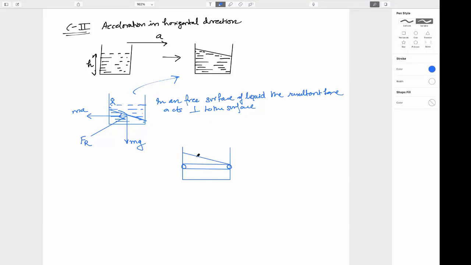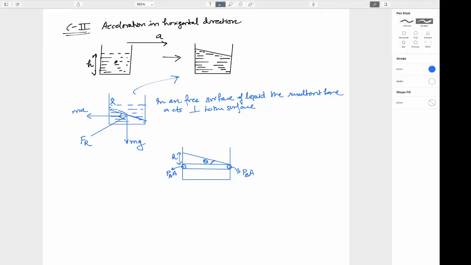Let's say this is height h. This point is PA, area is the same A. This is PB, area is the same A. This is height h. Let's call this angle theta. We need to find theta also.